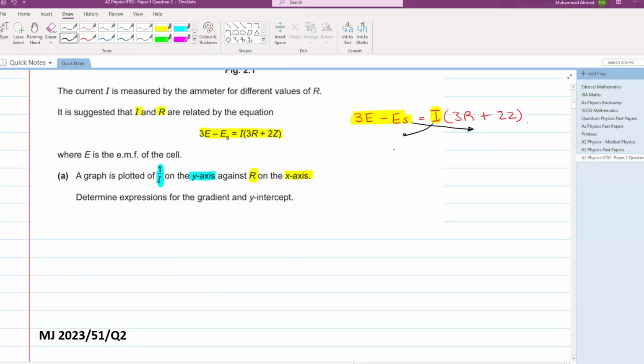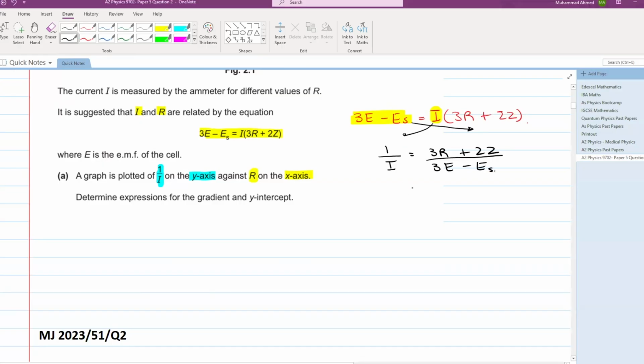How will the equation now look? 1 over current is equal to (3R plus 2Z) divided by (3E minus Es).